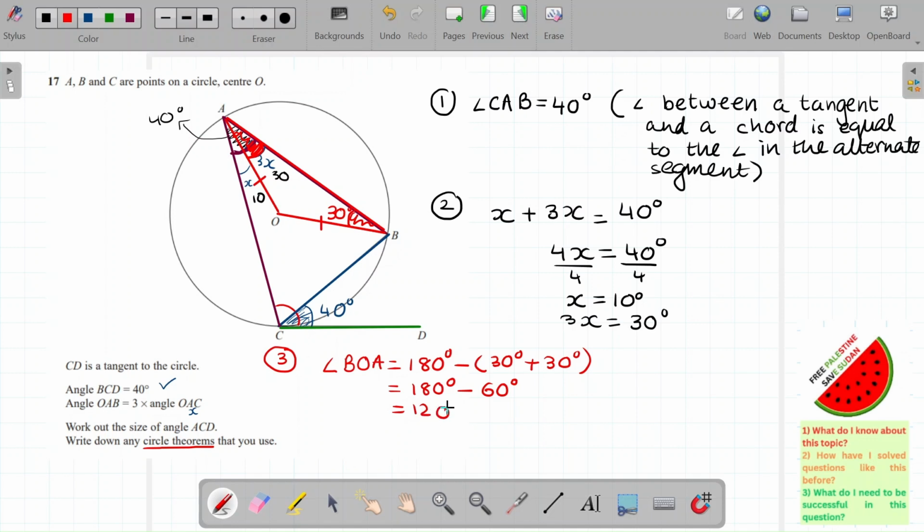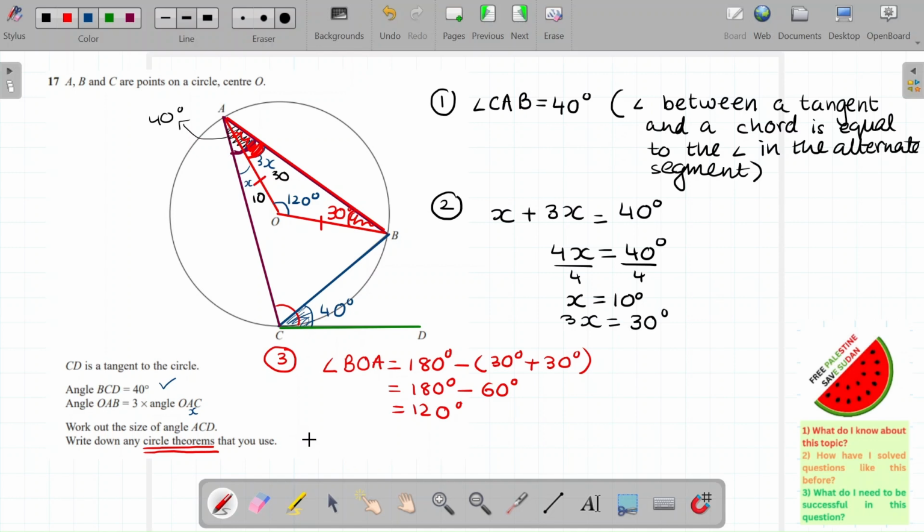Now if you notice, I didn't write the reason down, and the reason for that is they only want circle theorems, and that's an angle rule, so I'm not going to write it down in this case. And then finally, so I know this angle here, this is 120 degrees. I shouldn't say finally, there's two more things I need to do.